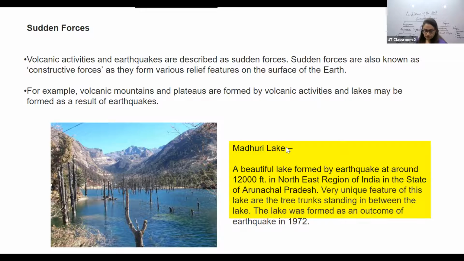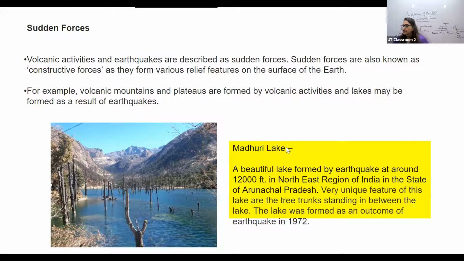Then you write the next point. For example, volcanic mountains and plateaus. And write this also: Madhuri Lake in Arunachal Pradesh, because this is a distinct feature.